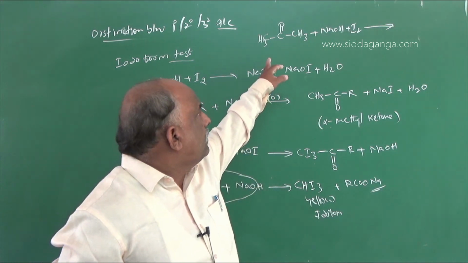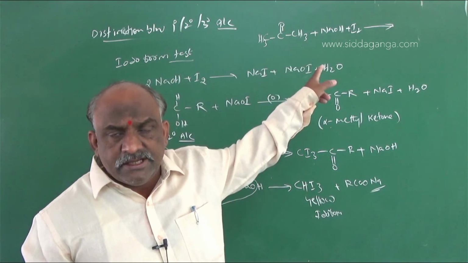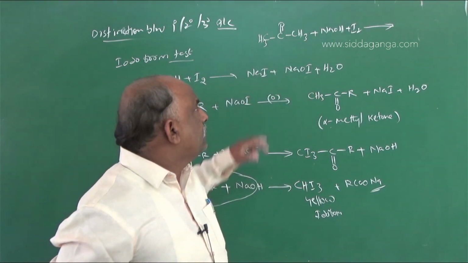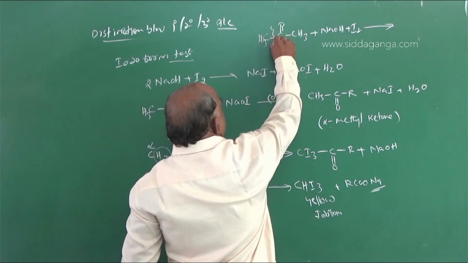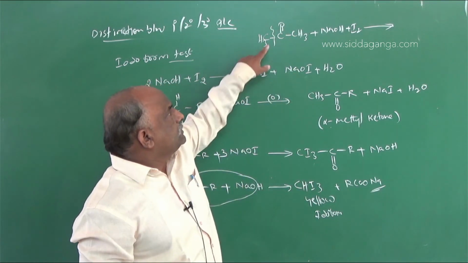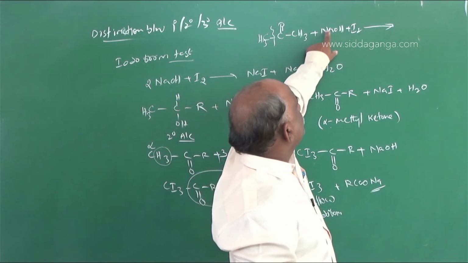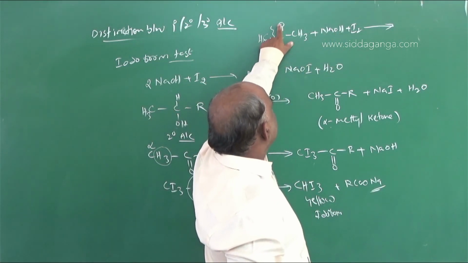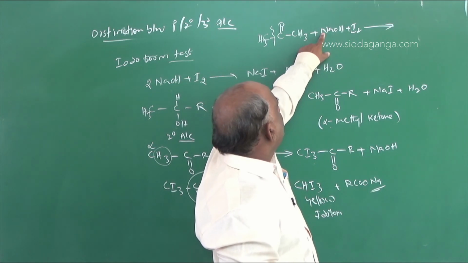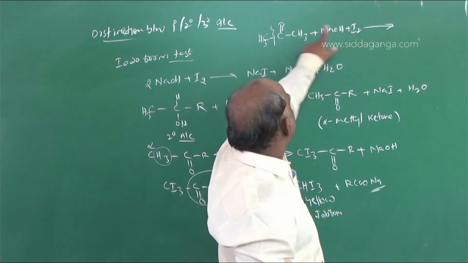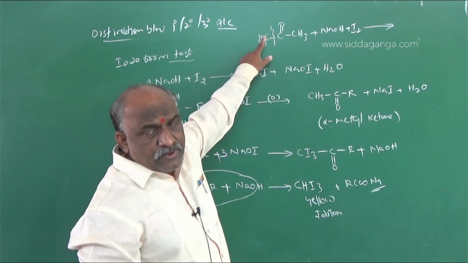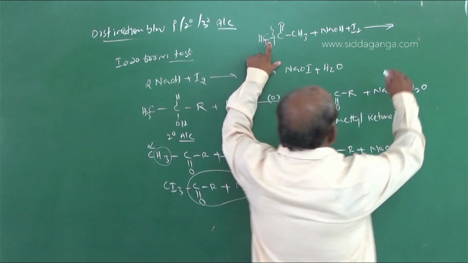If it is alpha methyl ketones or secondary alcohols, then what to do is just break here, my dear students. Break this bond. After breaking, you will get CH3COONa, and you add the iodine to this methyl group.